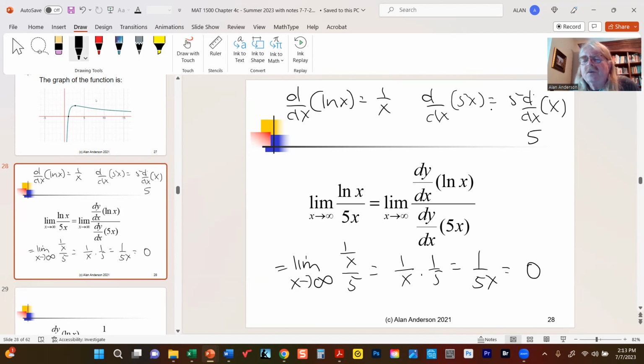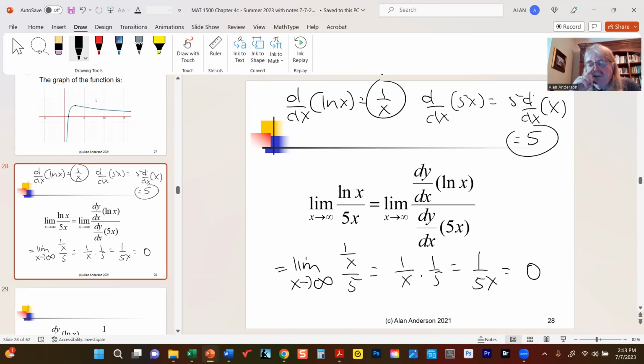The derivative of x with respect to x is 1. So we end up with the ratio of 1 over x over 5. Again, remember, there's an implicit divided by 1 there. So we can rewrite this as 1 over x times 1 over 5, which is 1 over 5x. And so that's what we're actually taking the limit of.